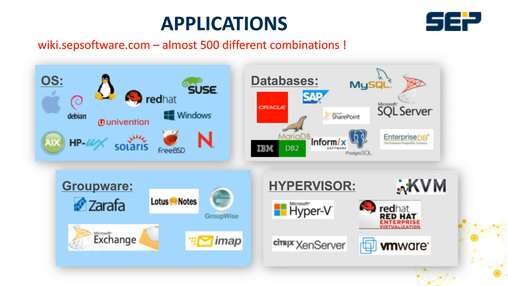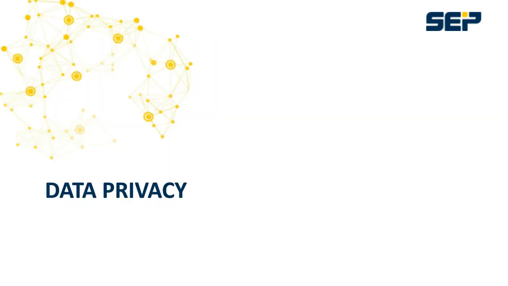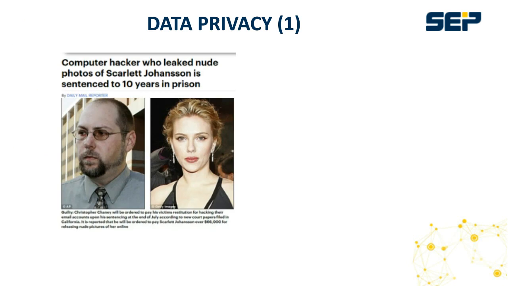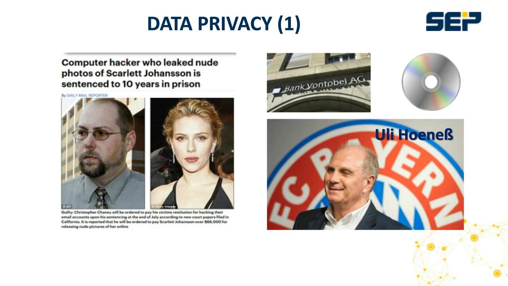Okay, let's move to the next topic. We will speak about data privacy, and I think this is more and more important in each company and in each country. Two cases of data privacy problems. The first one is the famous actress Scarlett Johansson, who found a lot of her private photos on the internet, and of course she didn't like it.